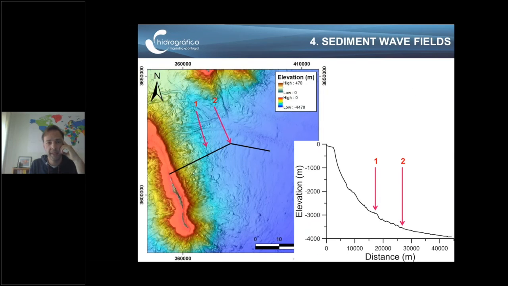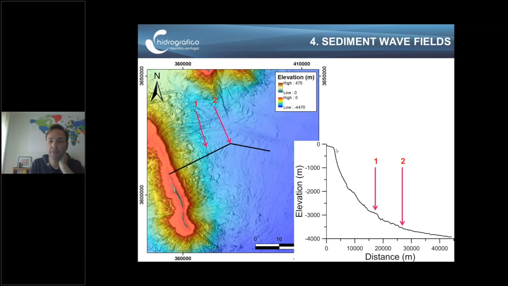We have examples here. This is a cross-shore profile showing where the scours start to develop around here, and then the sediment wave fields. You can see in the cross-shore profile that there are very big gradients of 20 to 30 degrees immediately below the shelf edge.